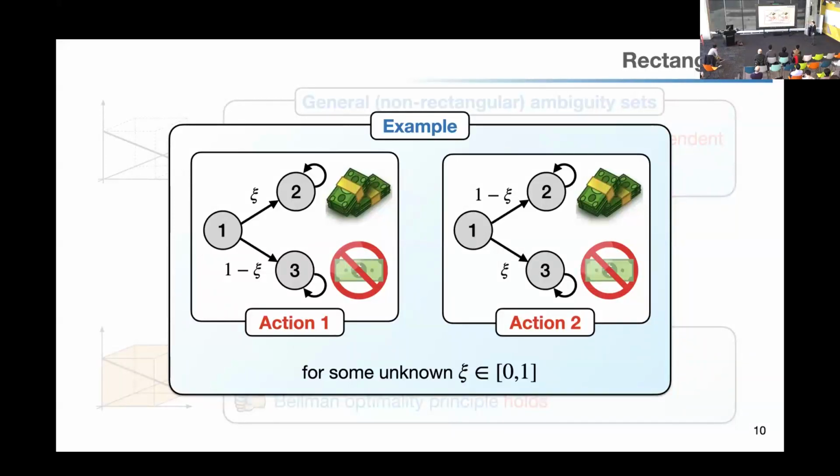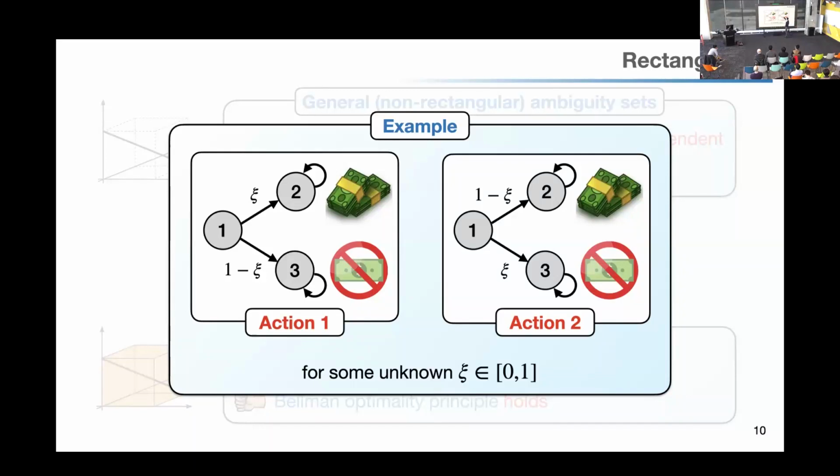It turns out that the best we can do in this example is to randomize equally between both actions. Because then it doesn't matter which value psi nature chooses, we will end up in the desirable state 2 with probability 1/2. However, under the assumption of SA rectangularity, we give nature more power.